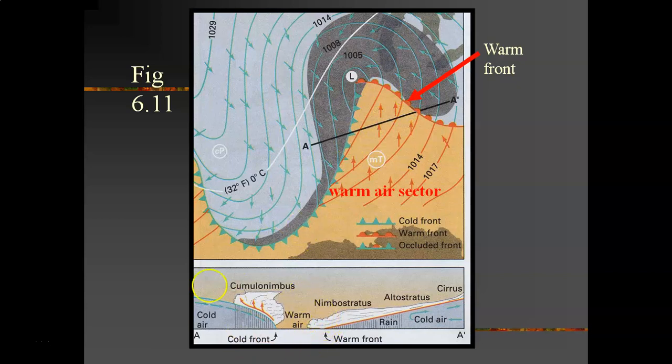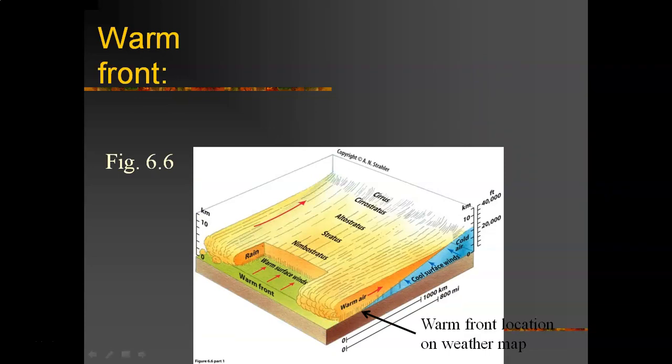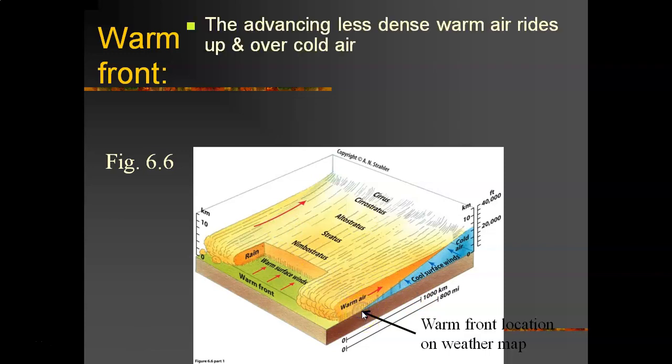So it's the exact meeting point where the warm air is meeting the cold air. So you can see that the warm front shape is very different from that of the cold front. So let's take a look at a block diagram of a warm front. And again, right here is the contact where you would see the warm front put on a weather map.